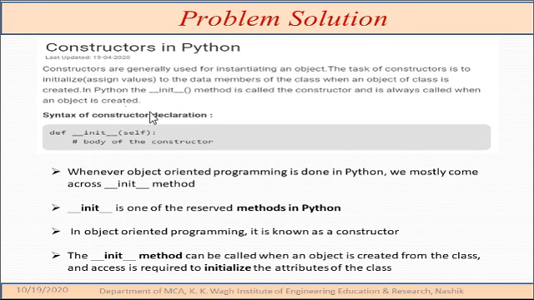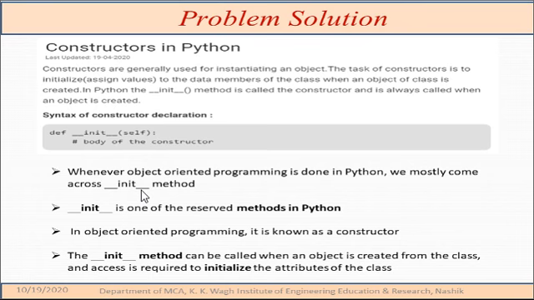In Python, for implementing this concept, we use a special method called the init method. The init method is called the constructor and is always called when the object is created. The syntax for this method is, with the help of the def keyword, you define the method with self, and whatever body you want to write as a constructor, you can write it.